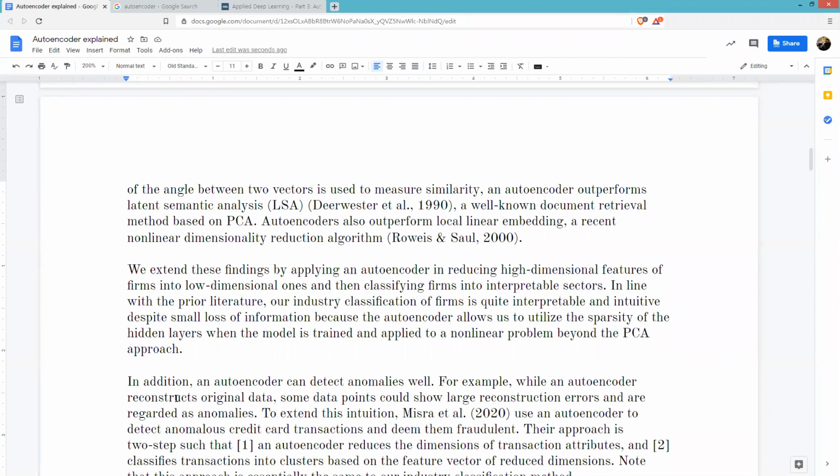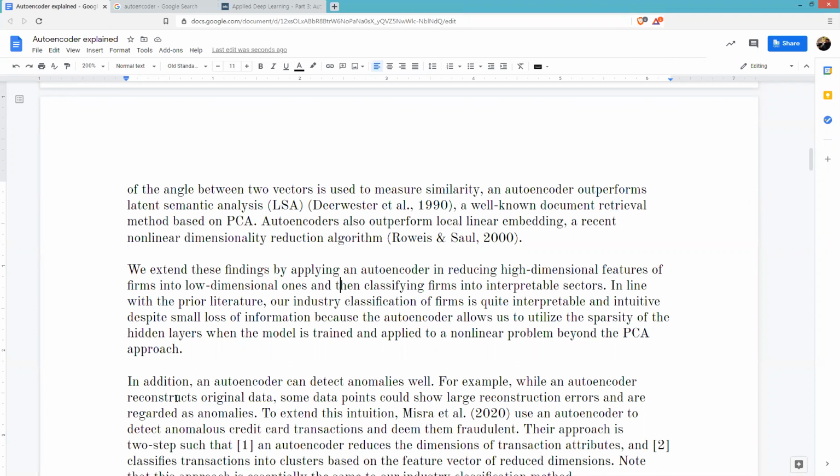Because we have a lot of features of the firm, high dimensional features, we can condense them to low dimensional ones. That's what I did in my research.